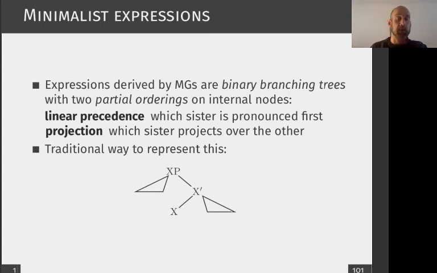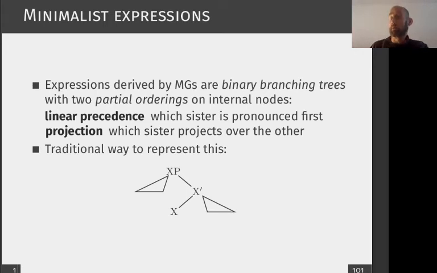And it obeys the single mother condition, which says that if any node has a mother, it has just one mother. This is what distinguishes a tree from a multiple dominant structure, graph theoretically. That doesn't really matter.